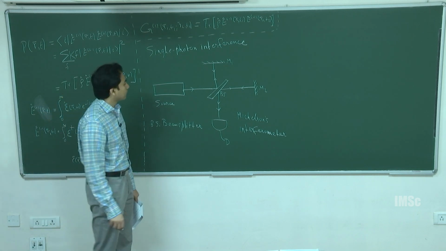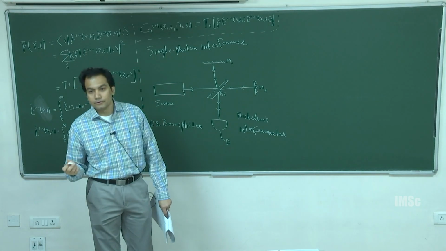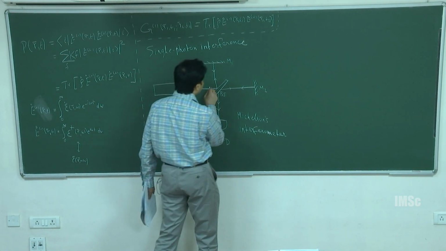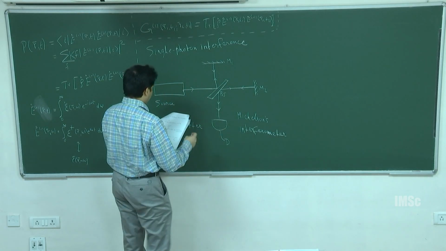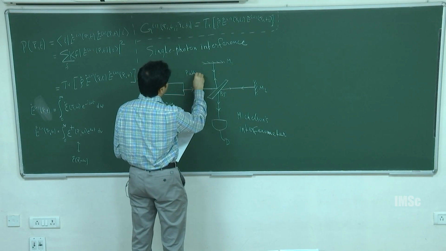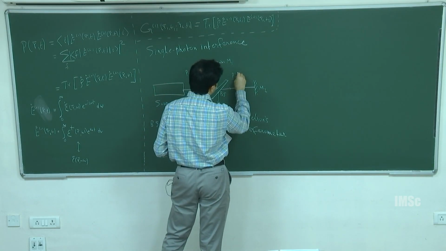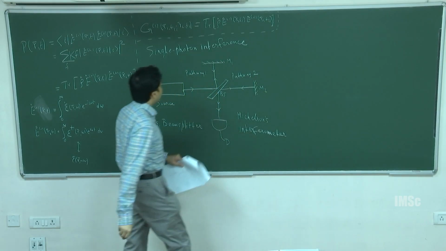So the source produces one photon at a time, and the photon is indestructible. So you can't split the photon into two halves. So either the photon will get transmitted, either will take this pathway or this pathway. So basically this is pathway one, pathway two.